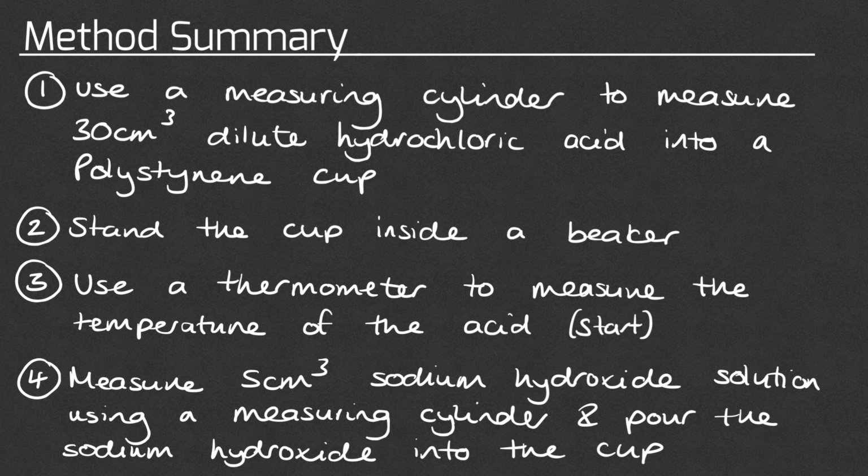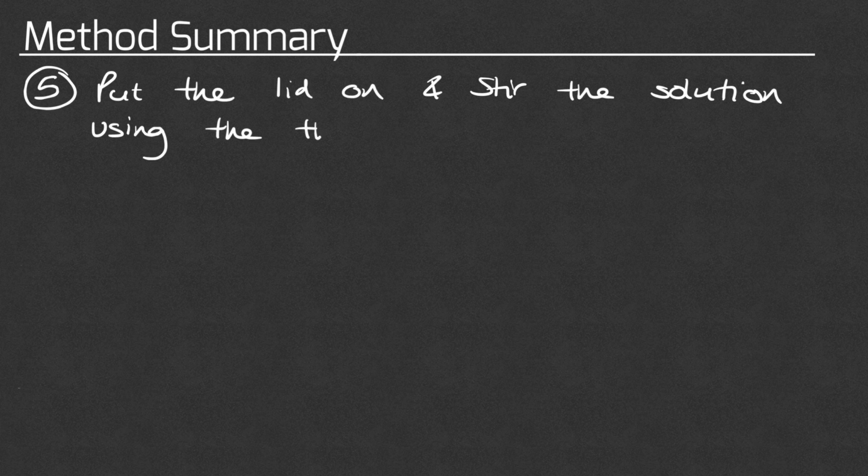You would then measure 5 centimetres cubed of sodium hydroxide solution using a measuring cylinder and pour the sodium hydroxide into the cup. Next, you'd put the lid on and stir the solution using the thermometer.